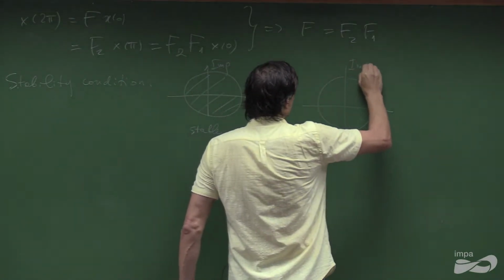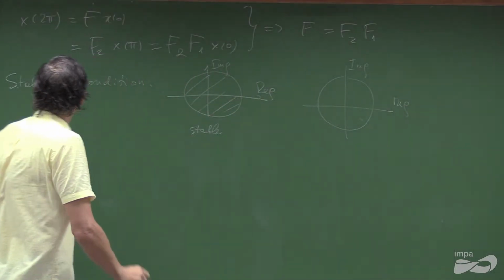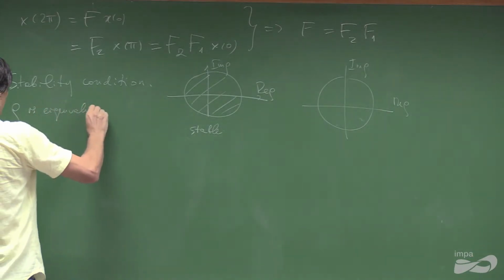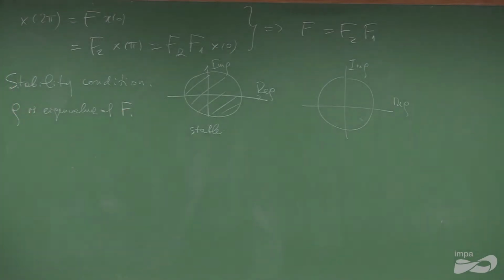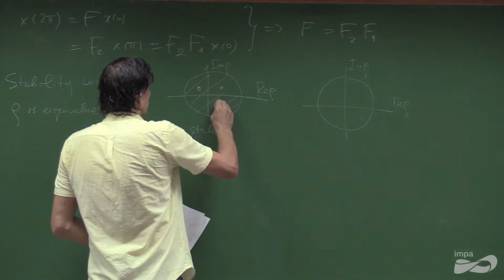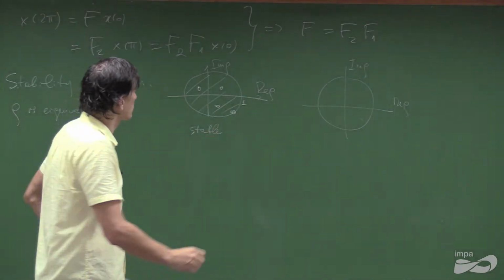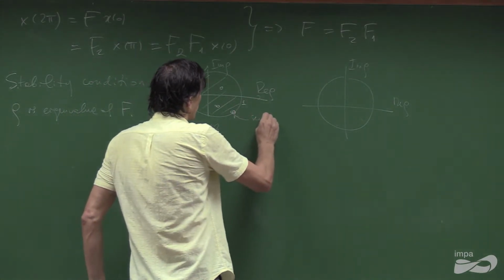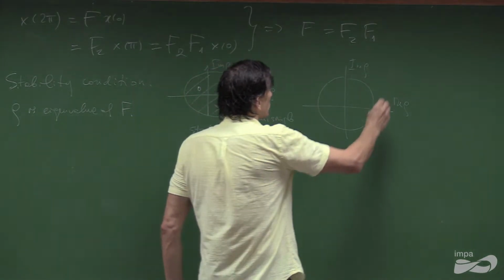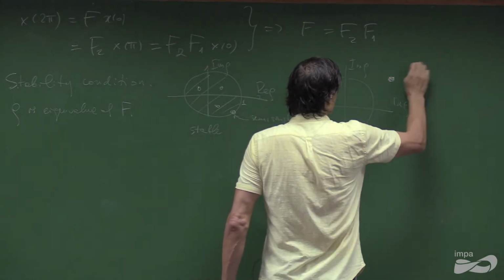This is from yesterday, where rho is the eigenvalue of the Floquet matrix. For stability, you need all the eigenvalues to be inside, or some of them can be on the boundary of the unit circle, but they have to be semi-simple. And for instability, at least one should be outside. This leads to instability.